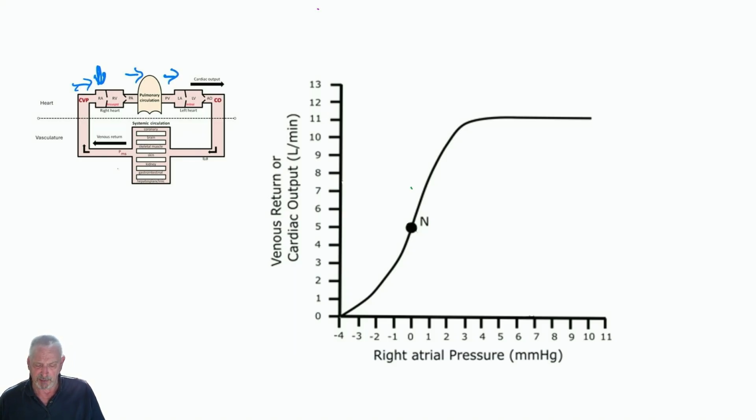Ultimately, right atrial pressure ends up being related to the end diastolic fiber stretch of the fibers in the left ventricle. You'll recall end diastolic fiber stretch, which is measured either as end diastolic volume or end diastolic pressure, are all terms we use to associate with preload.